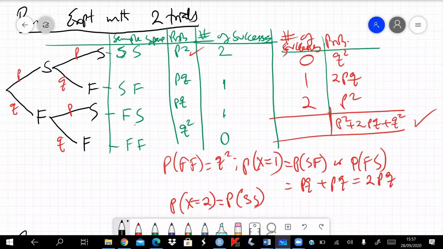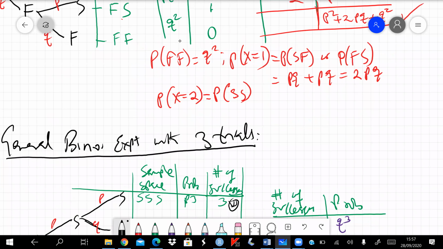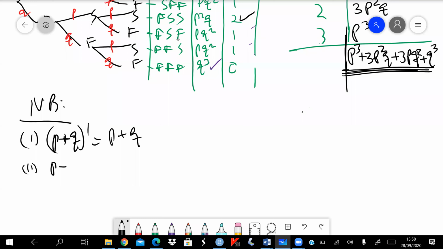If you take P plus Q, you raise to power 2, what do you get? This is the same as P plus Q multiplied by P plus Q, which gives you what? You know this is binomial expansion.